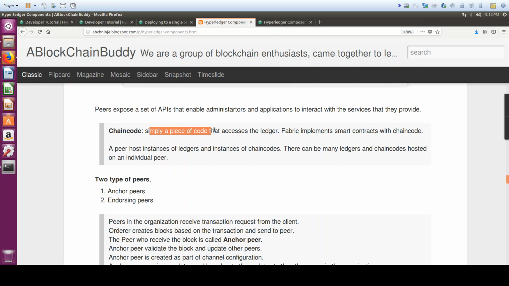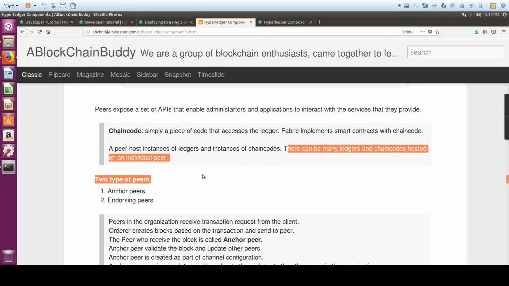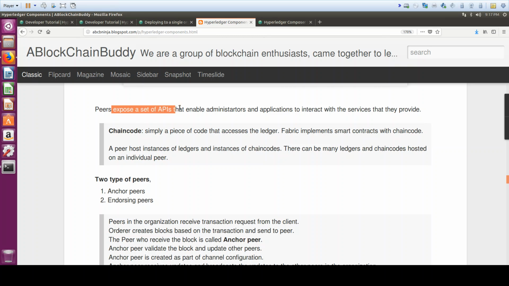Chain code is a piece of code that accesses the ledger. Fabric implements smart contracts with chain code. A peer hosts ledgers and instances of chain code. There can be many ledgers and chain codes hosted on an individual peer. We will see that. Peers expose a set of APIs that enable administrators and applications to interact with the services they provide.